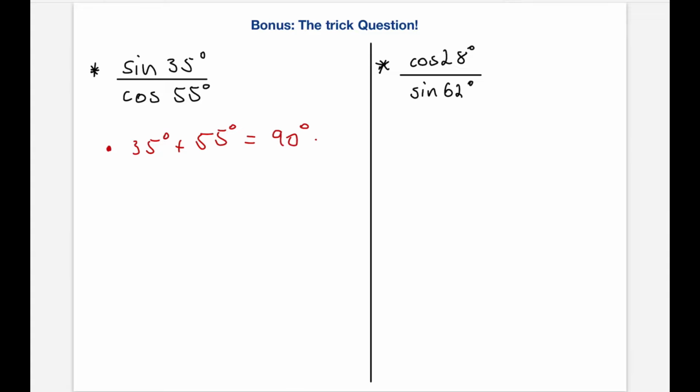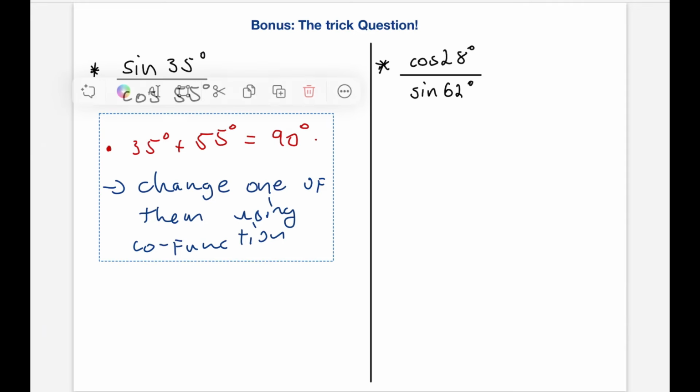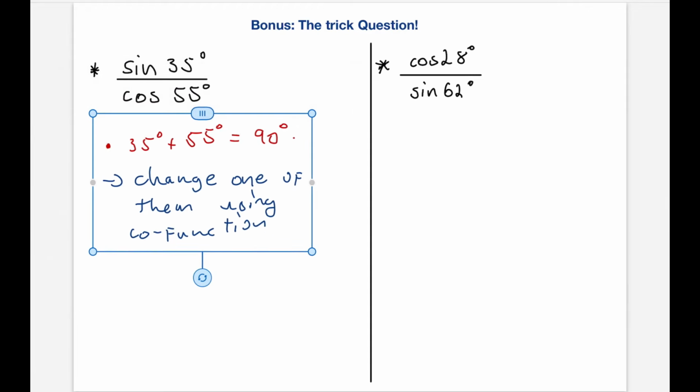That's 90 degrees, isn't it? So that said, whenever you see a question like this, change only one of them using cofunction identities. Now, what do I mean by that? Perhaps you could change your numerator. Let me just make this a bit smaller so we have space on this side.